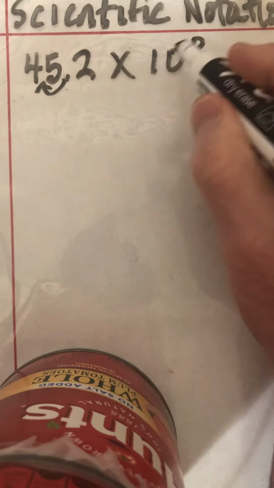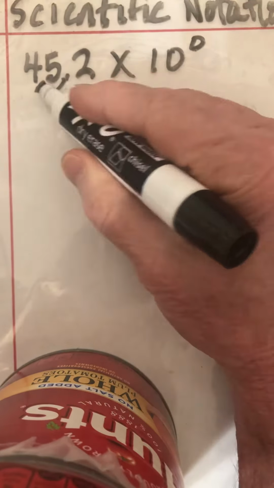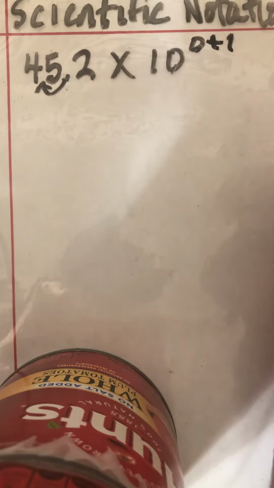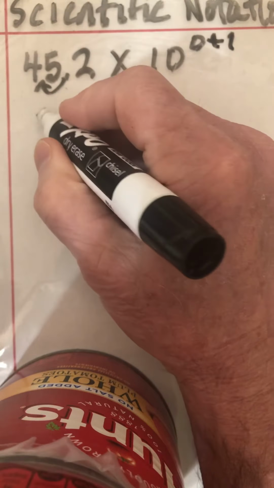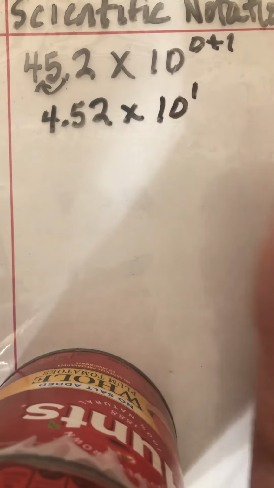Since I'm doing that, then I have to raise my exponent by that same power. So I divided by 10, I had to multiply by 10 by adding 1 to my exponent, so I get 4.52 times 10 to the first.